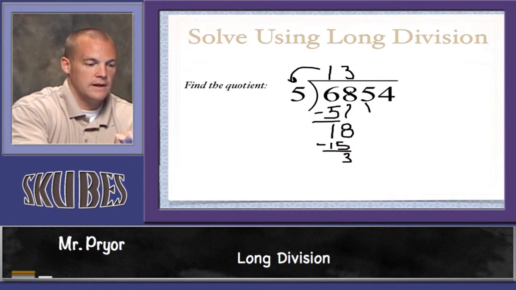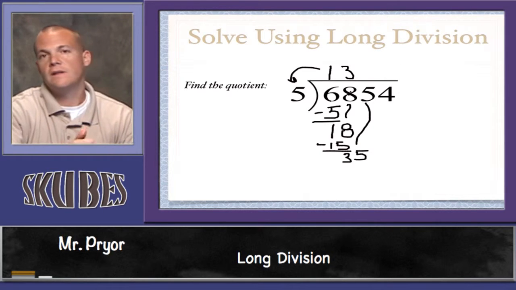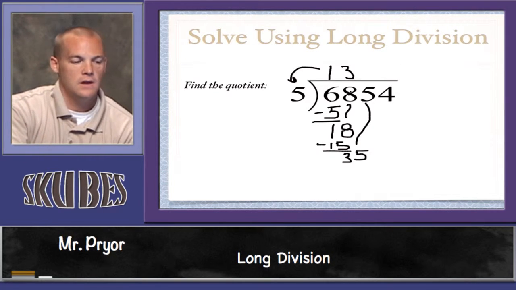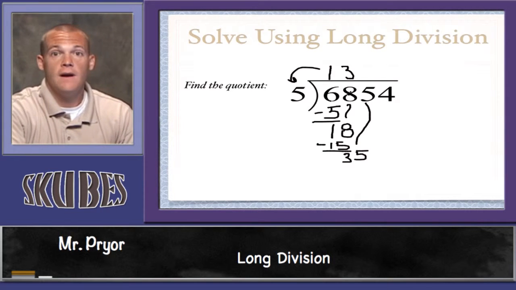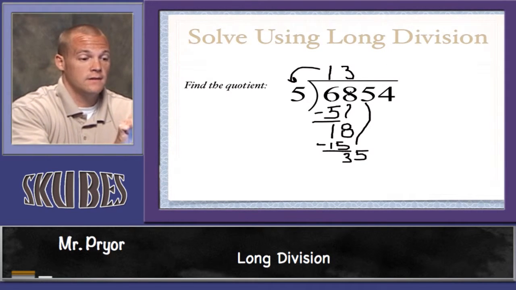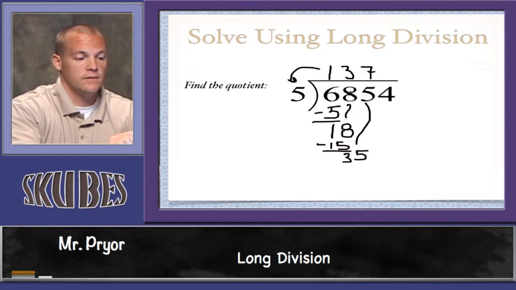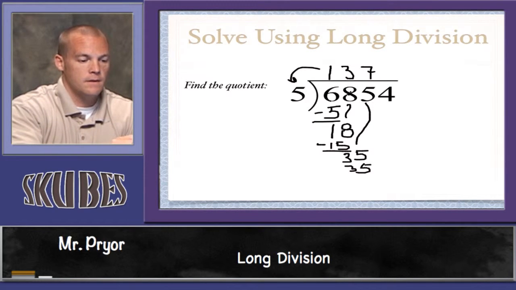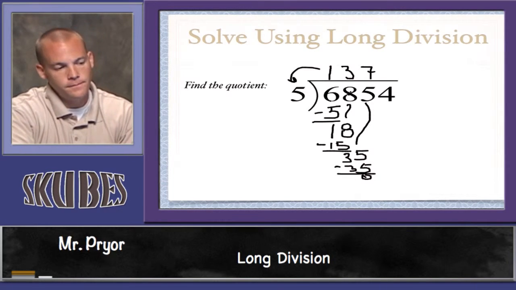Then at this point we bring down our 5, which is the next value. You can see I'm just working left to right underneath the division sign. And we're going to divide 5 into 35. Now lucky for us, 5 does go into 35. It goes in 7 times. 7 times 5 is 35. Do our subtraction and we get 0.